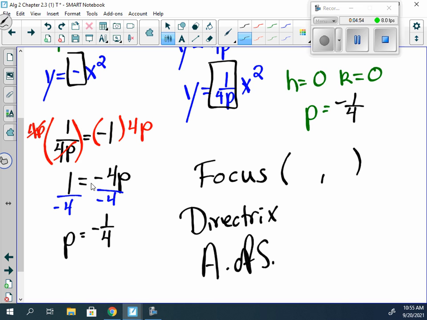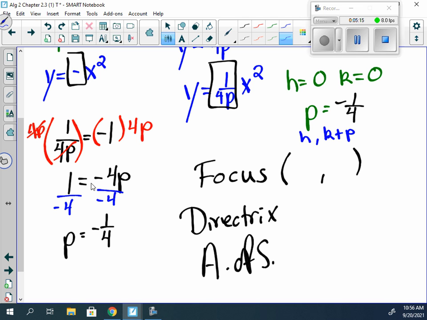So the general equation we had was y equals, because that's our starting equation. That's the general form we looked at. So if we look at it there, the focus, it tells me, is h comma k plus p.